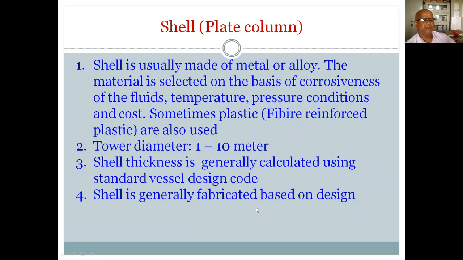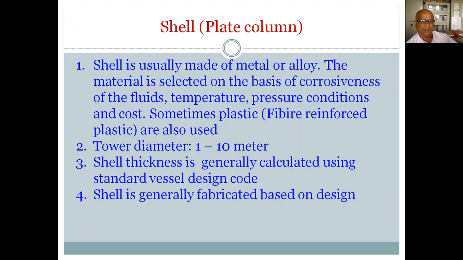Shell is generally fabricated based on the design, because it is very important. That means one shell you will not get in a ready-made way, just like you are getting the half-inch pipe, 2-inch pipe, 3-inch pipe. But a shell you will not get in the market, because it is rare equipment depending on a particular process.